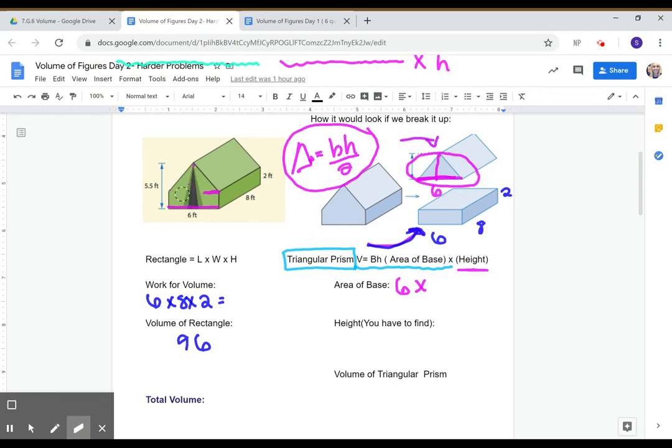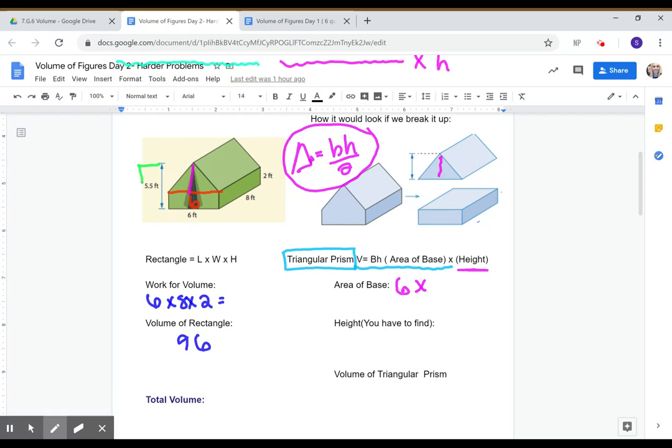I'm going to go back to the original picture because this is going to help me. I'm going to erase all this for now to show you. The base piece of the triangle we just found, this piece, is 6. But now I have to find this height right here. If I look at the dimensions, they give me the whole piece from top to bottom is 5.5. But just the height of this triangle can't be 5.5 because the whole piece is 5.5.